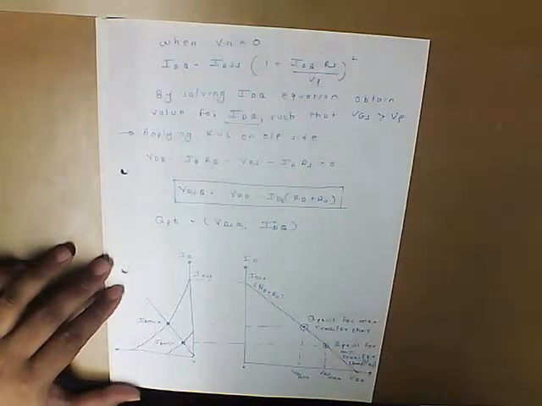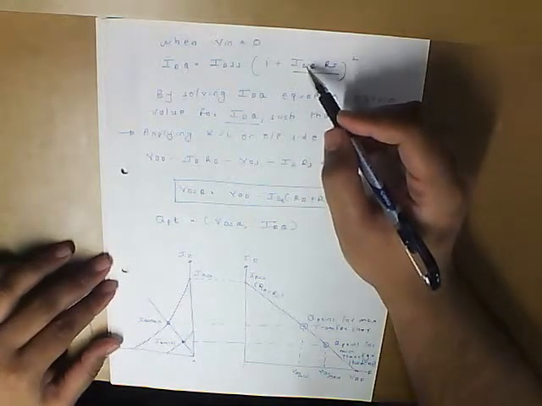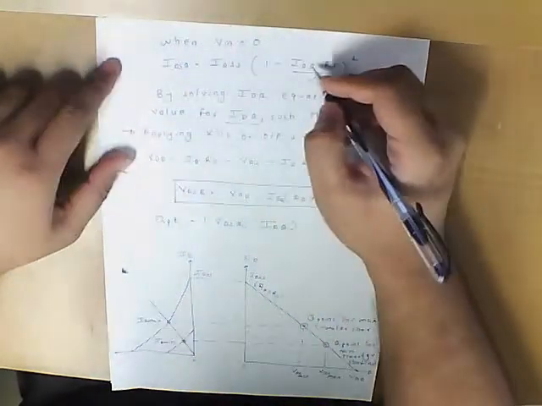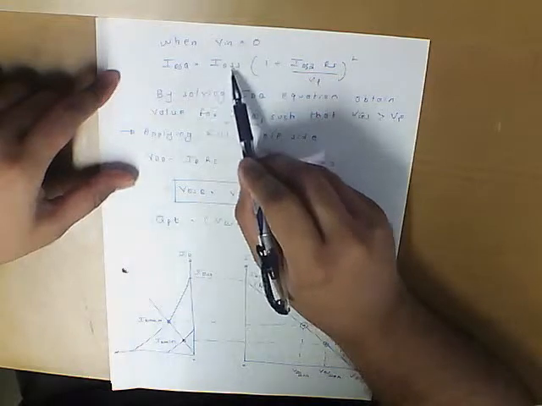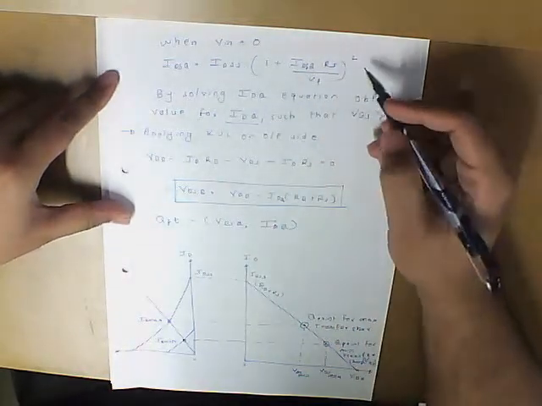Now if we closely look at the equations, at VGS equal to VGSQ, this IDS can be replaced by IDSQ. So we can write IDSQ is equal to IDSS into 1 plus IDSQ RS by VP the whole square.